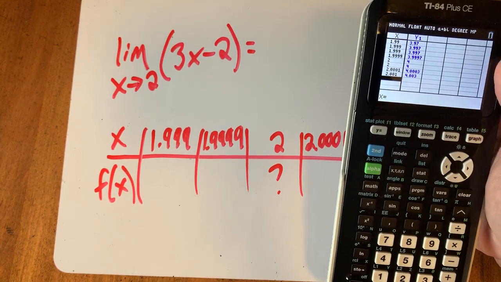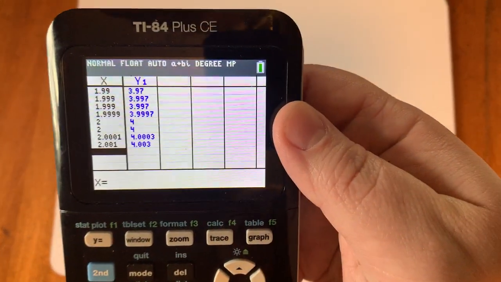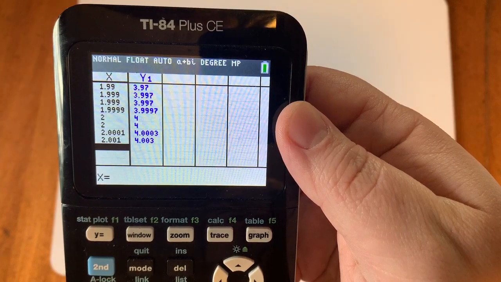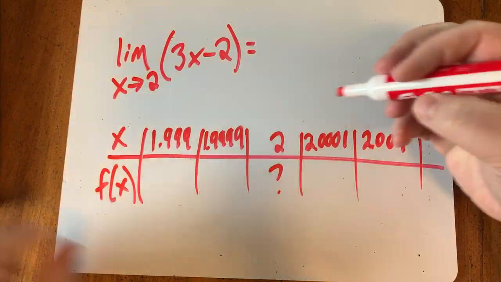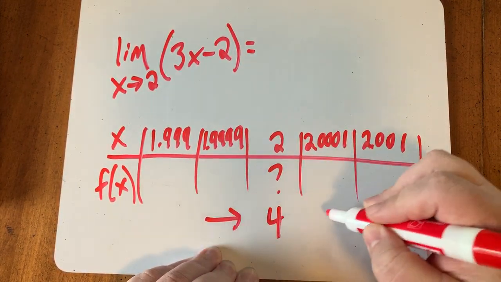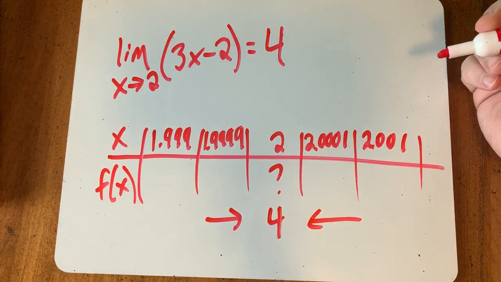As you're getting closer to 2 from the positive side, you're getting closer to 4. I don't know if you can see that well. There we go. So there's a clear shot of the calculator. All right, so you can use your calculator to get a table that's getting closer and closer to 4 from either side. And that's what it is.